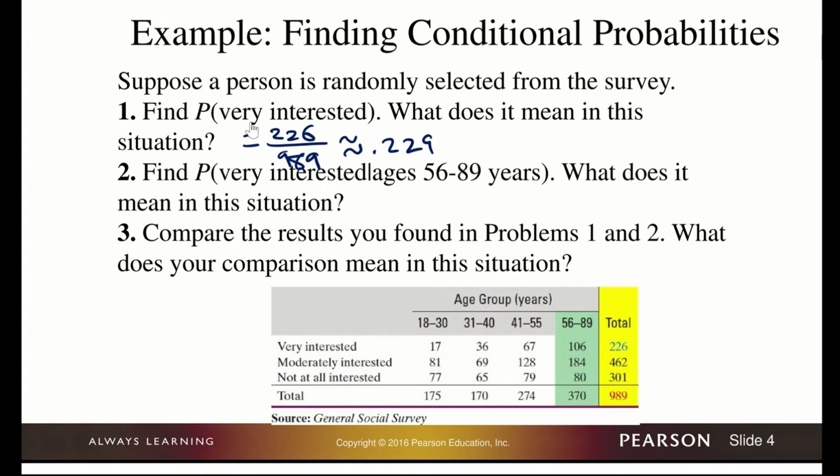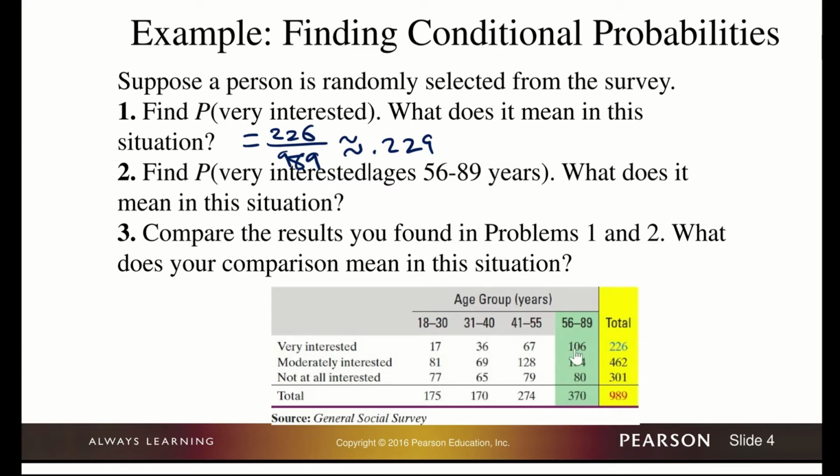In the beginning, when we ask what is the probability of very interested, we're looking at the entire group, so our sample space has cardinality 989. That just means the size of the sample space is 989. But once you put the restriction, in other words, once you say you only want to consider the 56 to 89-year-olds, you're reducing the sample space.